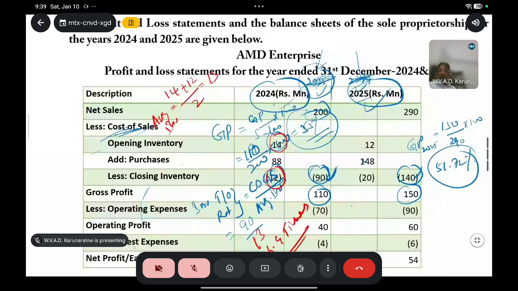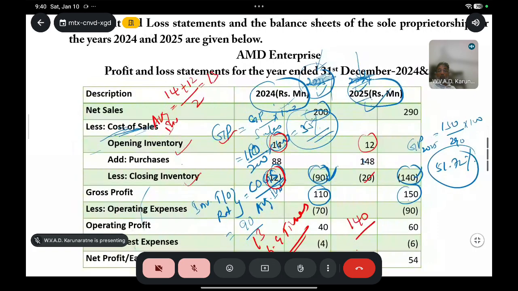So if you move to the year 2025, then again 140 divided by average inventory. You can obtain the average of the opening inventory and the closing inventory, that is this much, right?